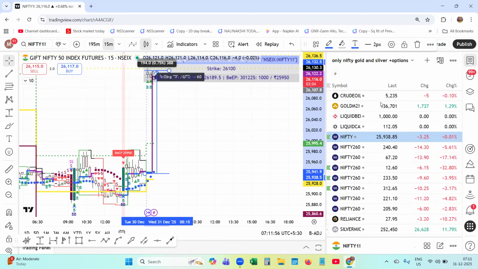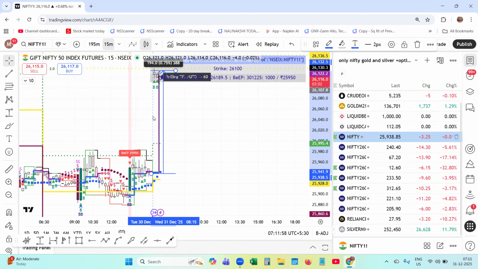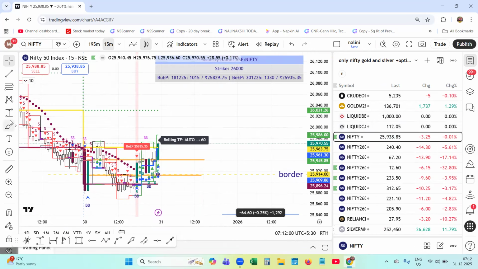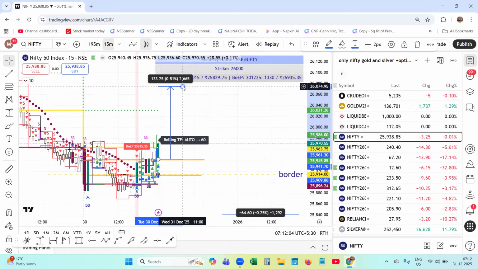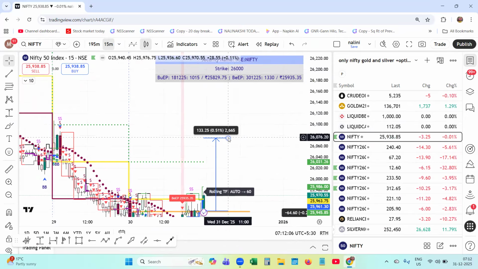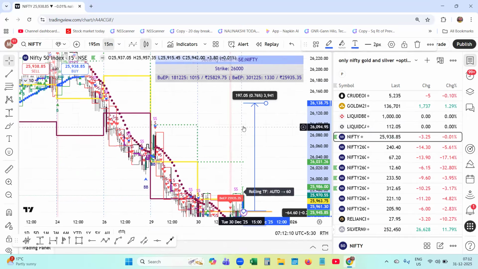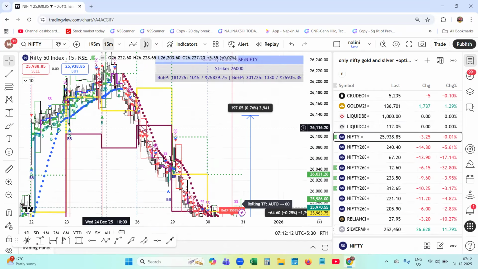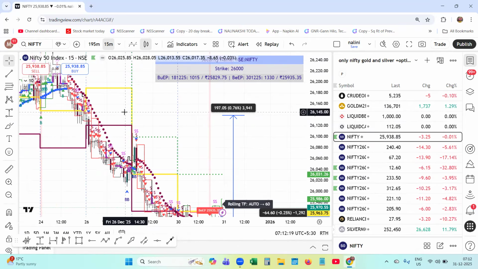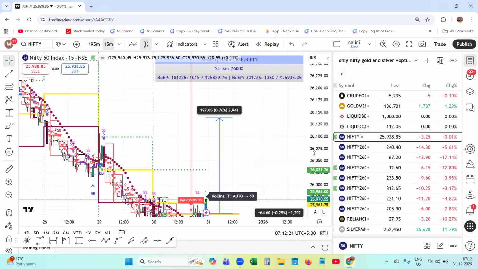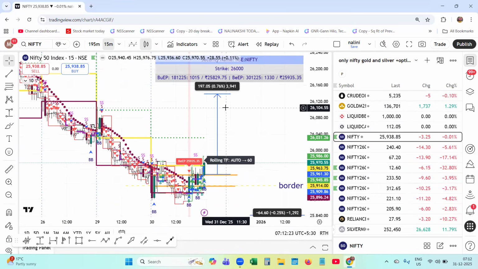Let me go back to the index, Nifty, 194 points from here. Retailers cannot trade this actually. It is almost jumping to 26,145. So it's a huge jump.